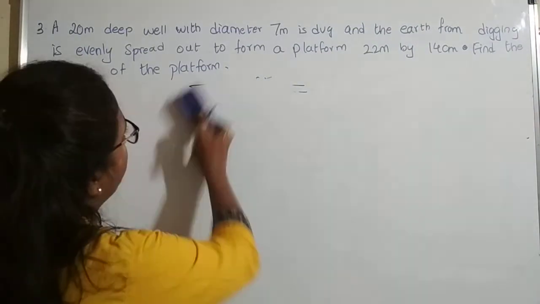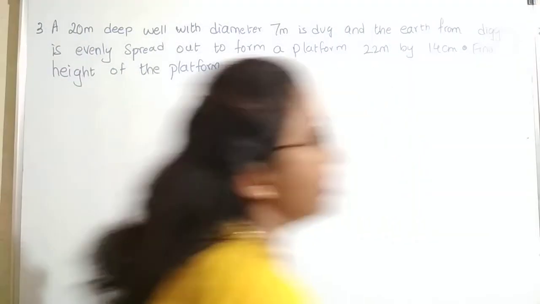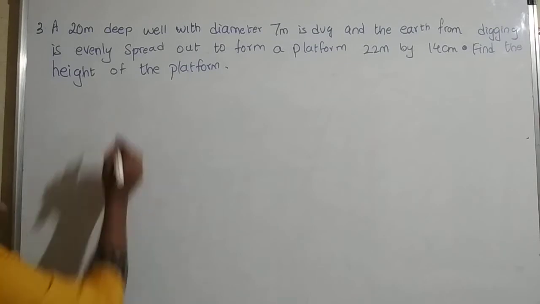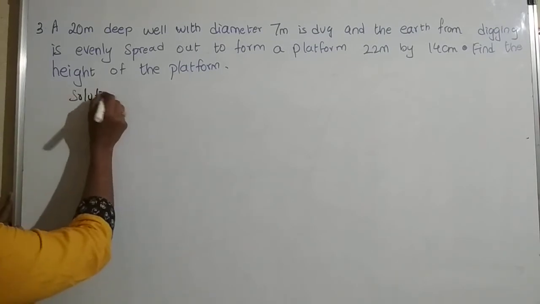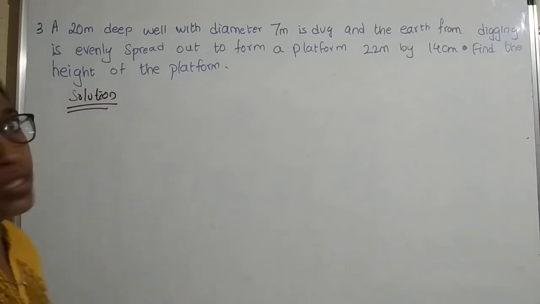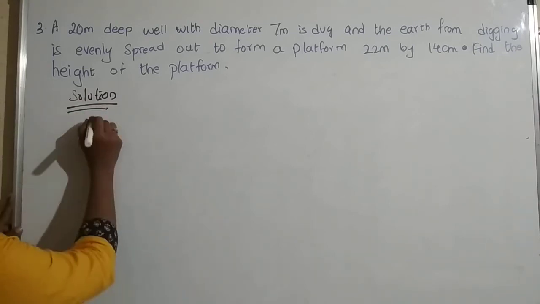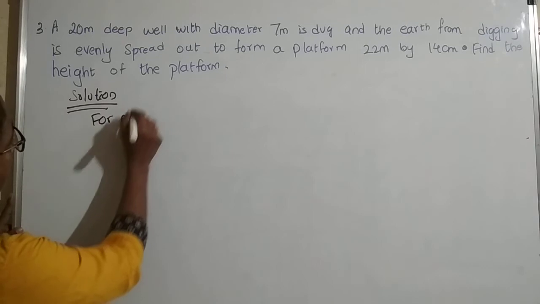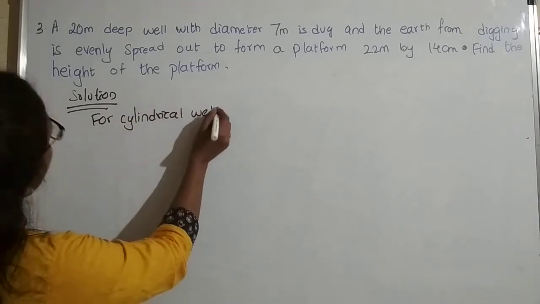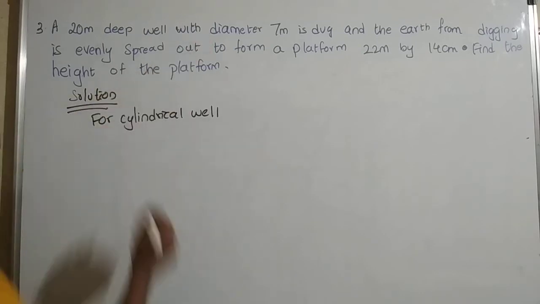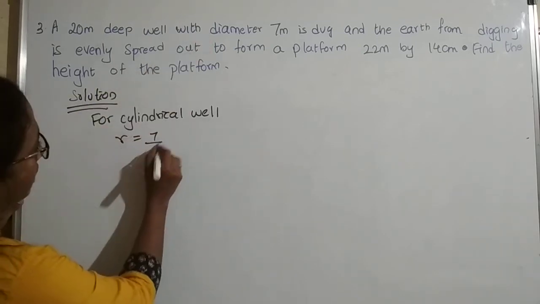We will write what is given in this case. For the cylindrical well, students, we have r, which is diameter by 2, so r is 7/2.